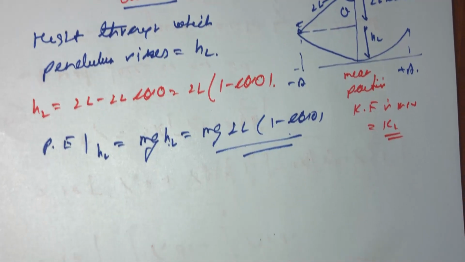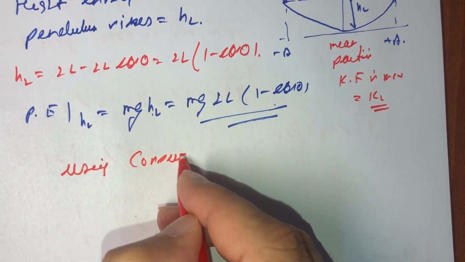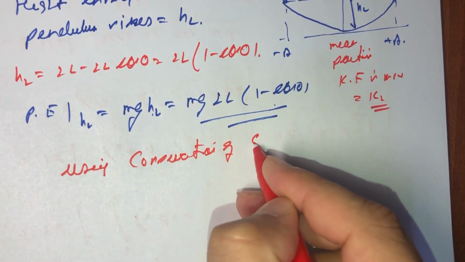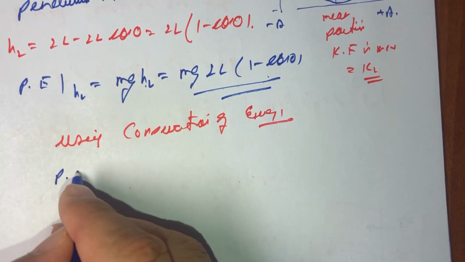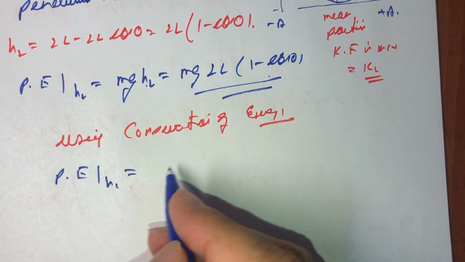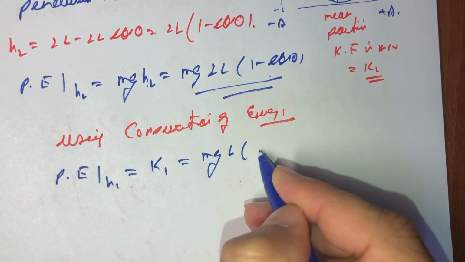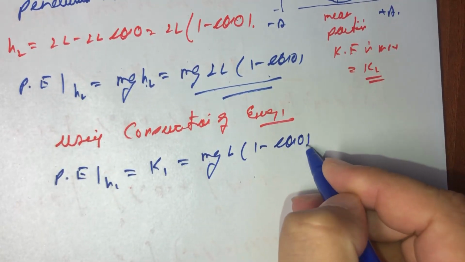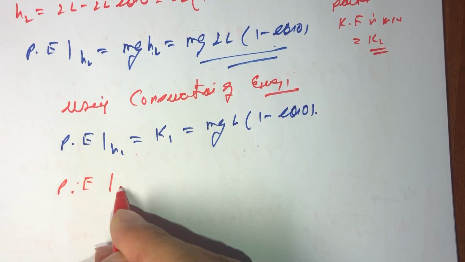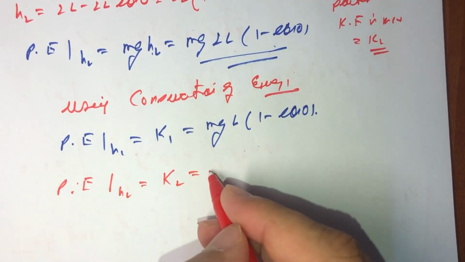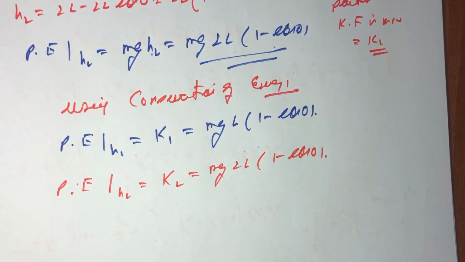So using conservation of energy, potential energy at h1 will be equal to K1. This gives us mgL(1 minus cos theta), and potential energy at h2 will be equal to K2, and this gives us mg twice L(1 minus cos theta).